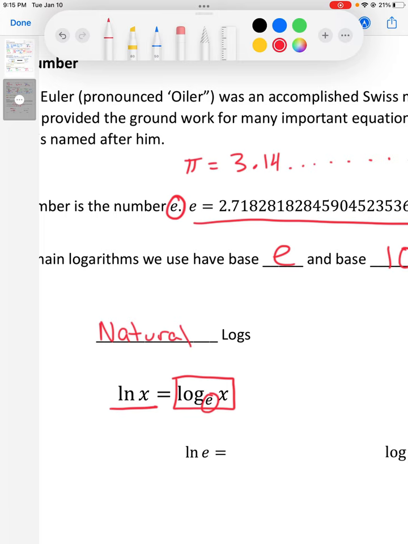That's just Latin for logarithm natural. That's why it's ln, and that's how we write this special natural log. So whenever you see ln, what is the base? It's base e, okay? So even though we don't write the e down there, we know the base is e, okay?